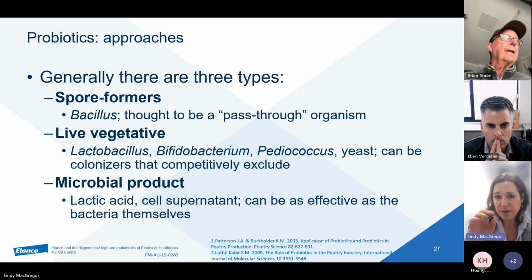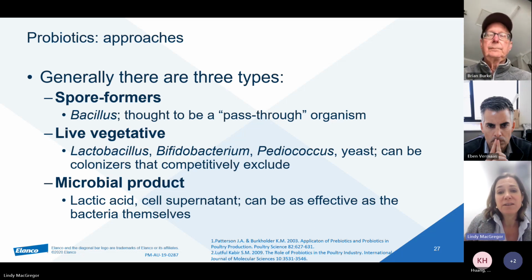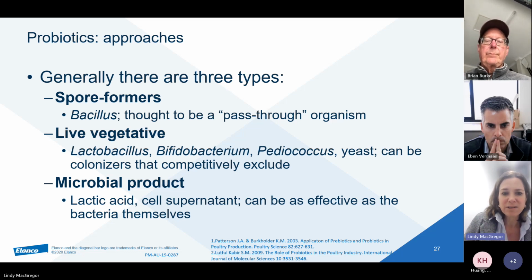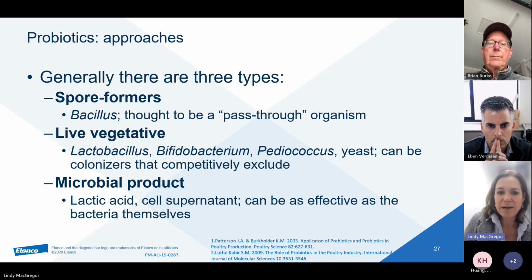And then, of course, there are some products where you don't actually feed the microbial as such. You only feed the product of the microbial, so the lactic acids or things that the bacteria would produce, rather than feeding the bacterial spore like we do with Correlink.